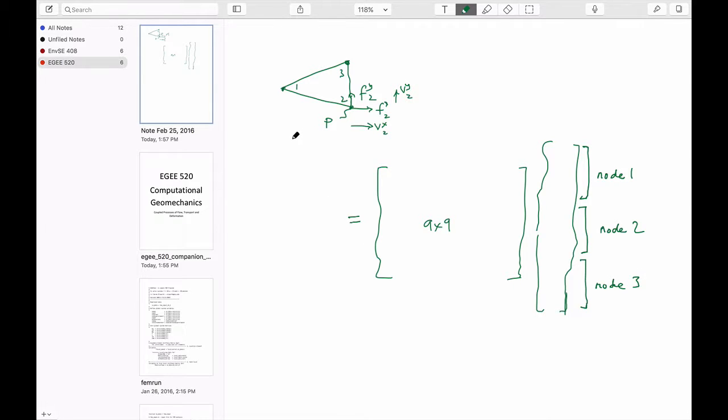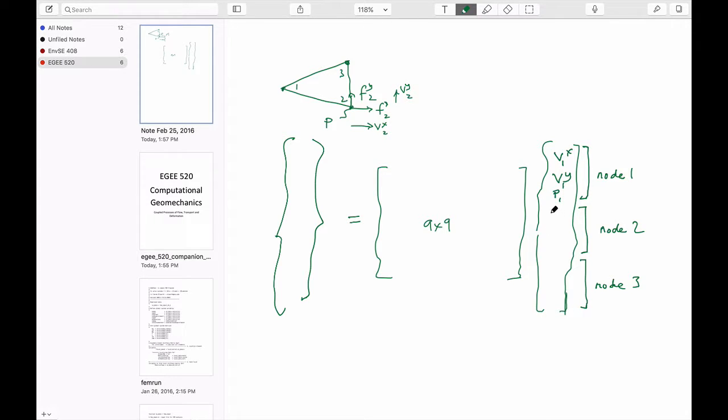It's the same on this side as well. These are the f terms. So at node 1, it would be the velocity at node 1 in the x direction, the velocity at node 1 in the y direction, and the pressure at node 1.